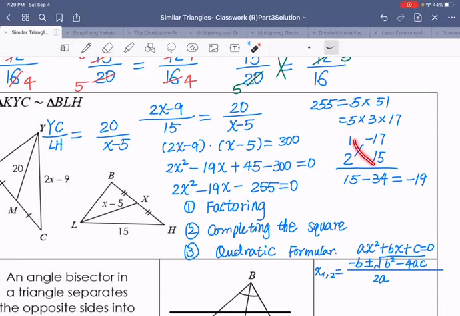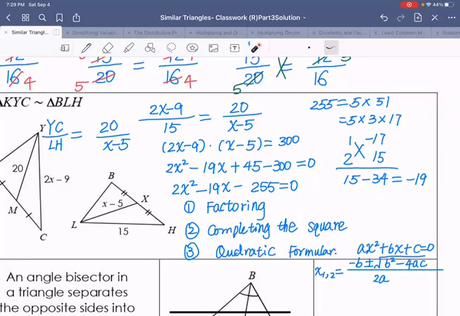Next, the cross multiplication: 15, and the summation is negative 19. So the product must match this term, and the cross multiplication summation must match this term.